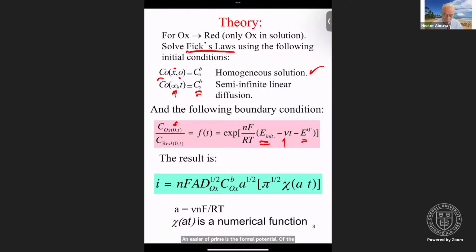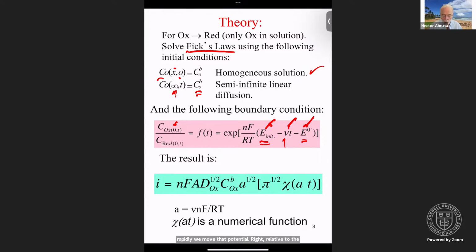In some sense, it's like taking Nernst's equation and folding it into how we determine the ratio of Ox to Red, starting from an initial potential value, depending on how rapidly we move that potential relative to the potential at which there is electrochemical activity.